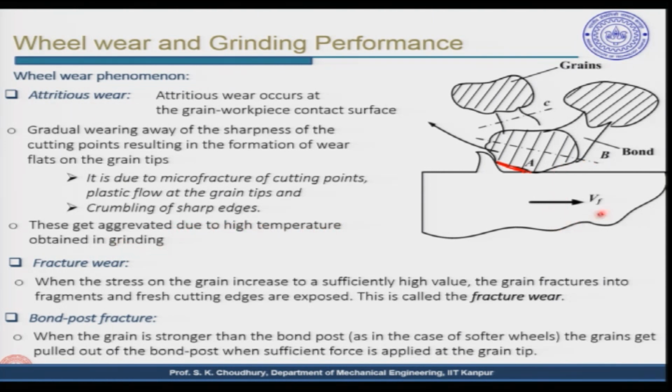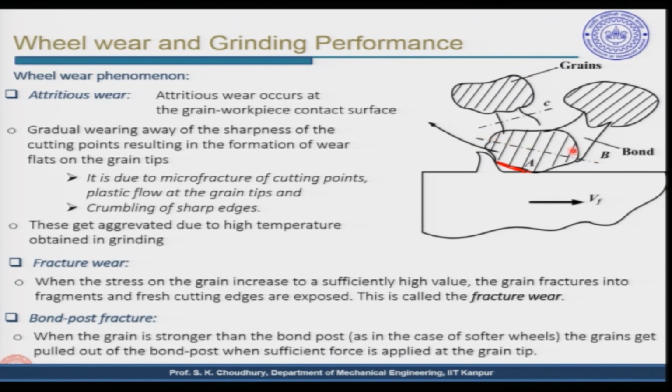As we said earlier, because of the very high speed of the grinding wheel, the temperature occurring in the grinding zone is very high. Then, if the forces become higher, the grain strength will not be able to withstand that force and the grain can break along this BB, and this is called the fracture wear.